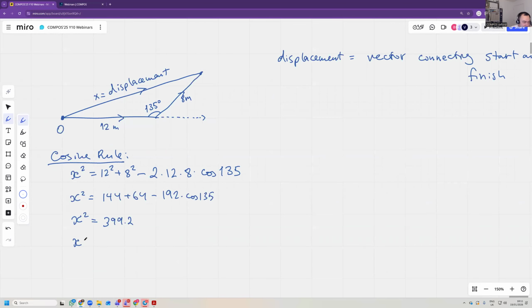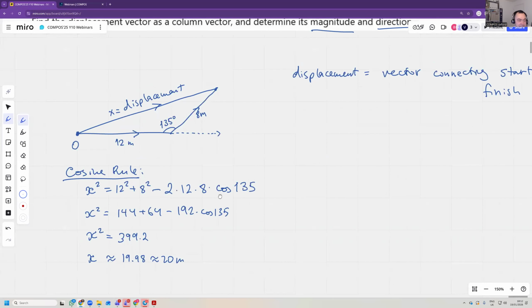So x is approximately 20, square root of answer, 19.98, which is approximately 20 meters. So the displacement is 20 meters.